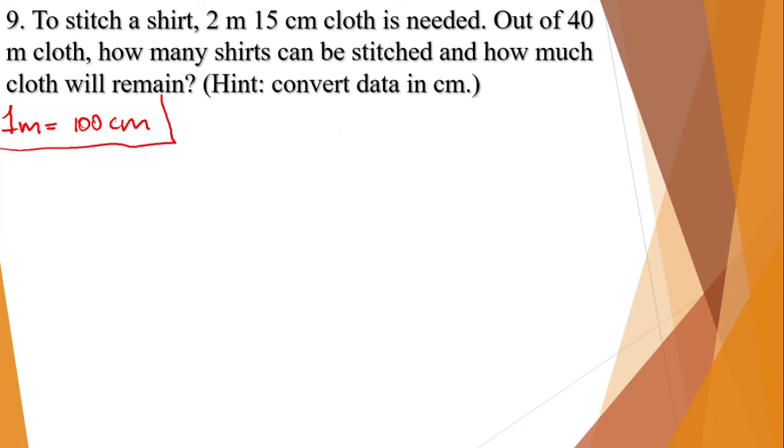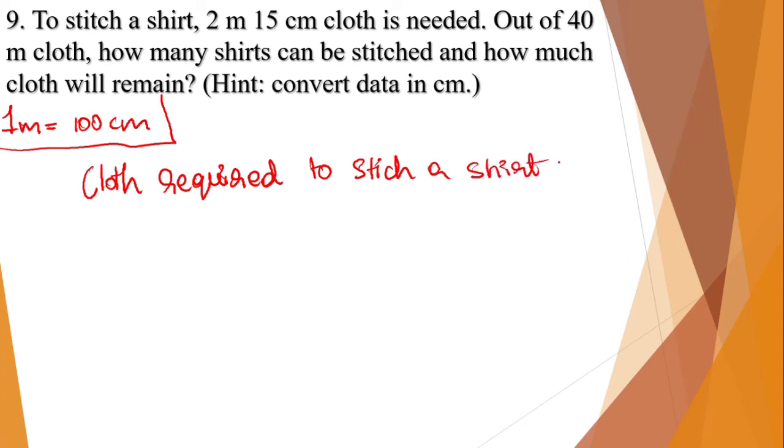Then if we want to convert, so here the cloth required to stitch a shirt is 2 meters. So to stitch a shirt, we need 2 meter 15 centimeter, right? So we need 2 meter 15 centimeter cloth.